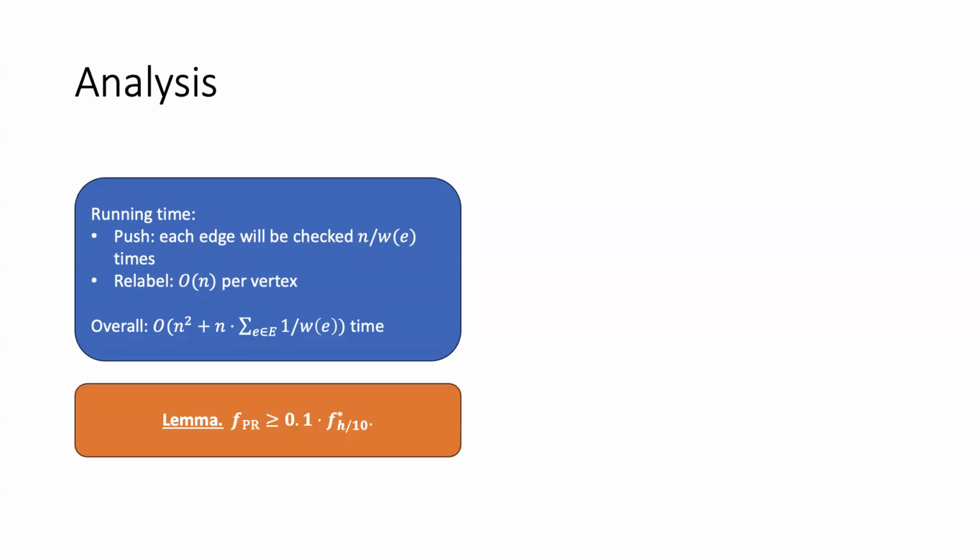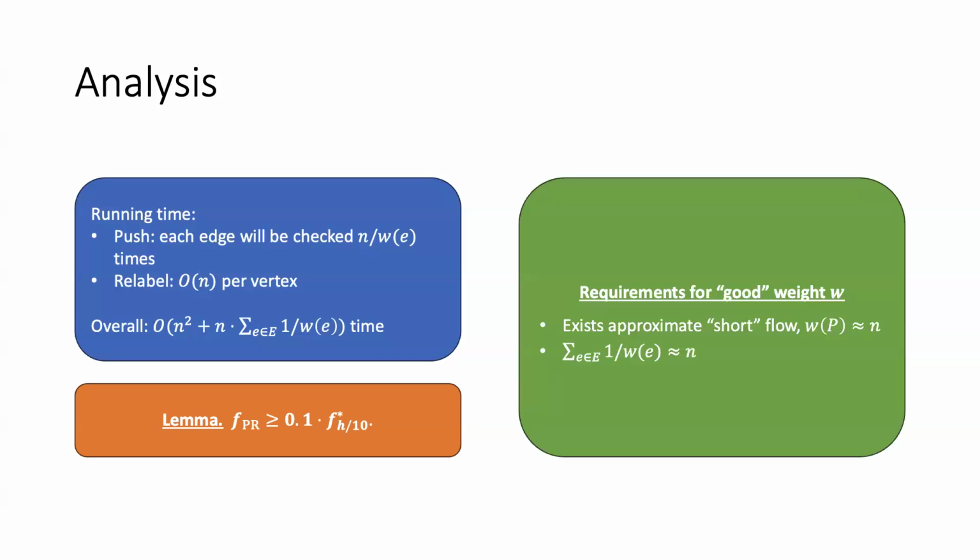And crucially, for correctness, we prove the following lemma, which says that the flow that our push-relabel finds will be approximate against the optimal flow restricted to short paths. What this means is that if you combine these two conditions, to get an efficient algorithm that can produce a good approximate flow, we need the weight function that we started with to satisfy the following two conditions.